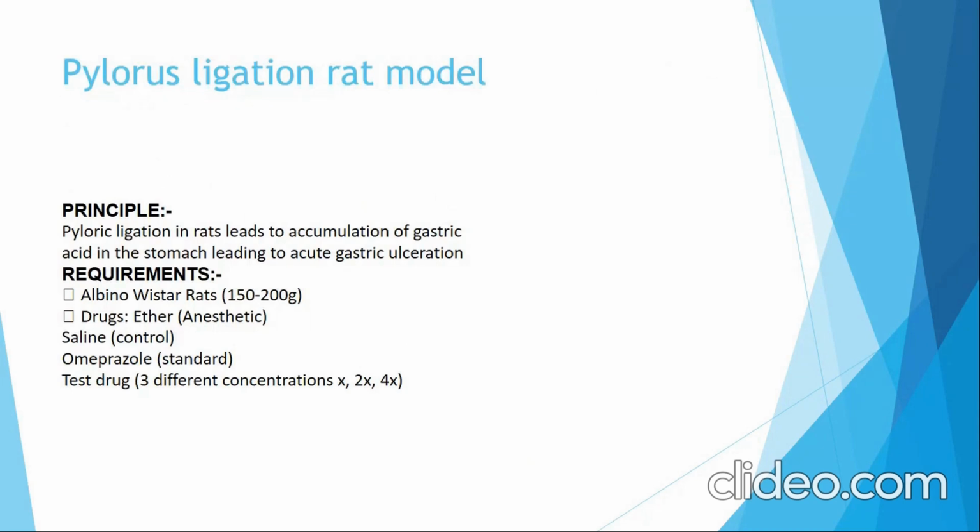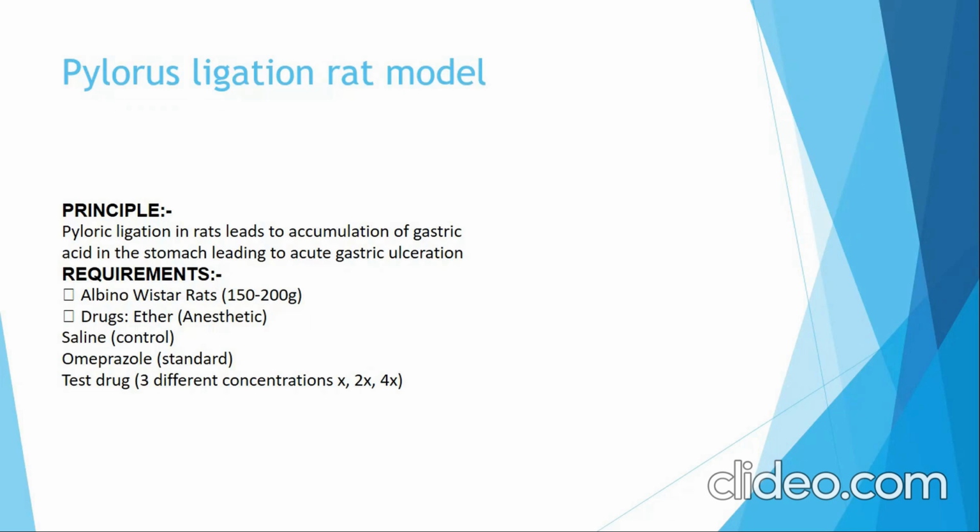The pylorus ligation rat model. The principle behind it is that pyloric ligation in rats leads to accumulation of gastric acid in the stomach, leading to acute gastric ulceration.